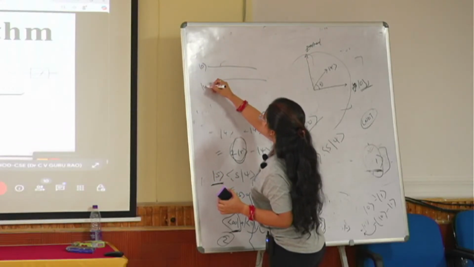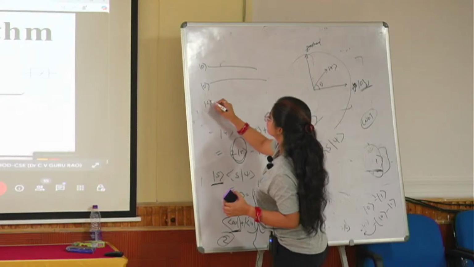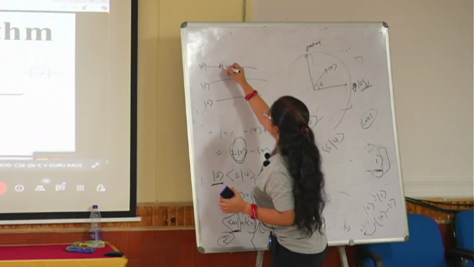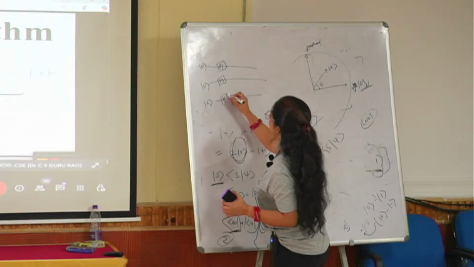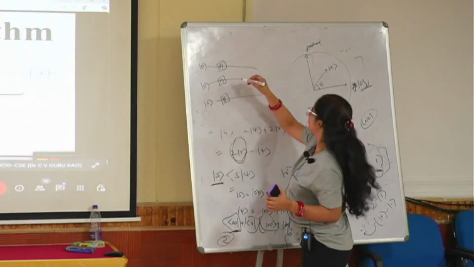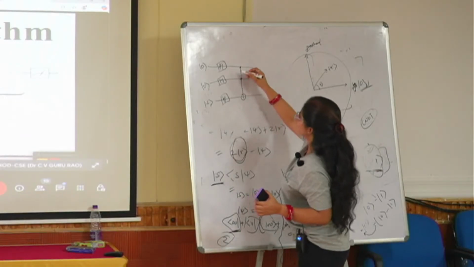These are your starting points. This is your ancilla. You will apply Hadamard gate, Hadamard gate, Hadamard gate, and in the unitary part, this is your unitary part.